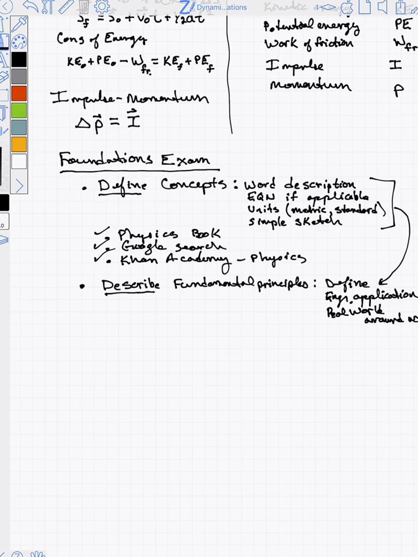And so when it comes to the foundations exam, I'm going to randomly have chosen some of these concepts and some of these fundamental principles and ask you to be able to define, and I will just say, write a word description, write an equation, list the units, draw a simple sketch, tell me what an engineering application is, or where is this in the real world around us.